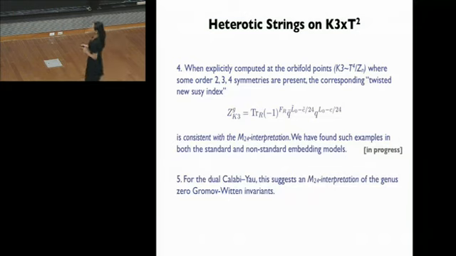And so what is the dual on the dual Calabi-Yau? If you accept the assumption or the speculation that's motivated by this twisted computation, the M24 action on the spectrum of the CFT, then it suggests an M24 interpretation of the genus 0 Gromov-Witten invariants on the Calabi-Yau side just by a string duality.